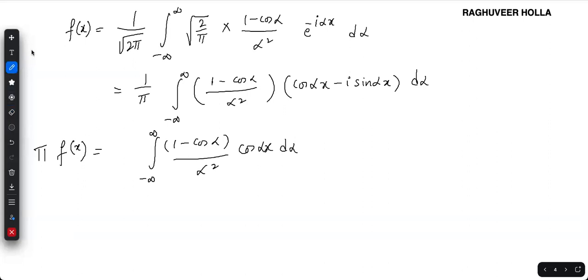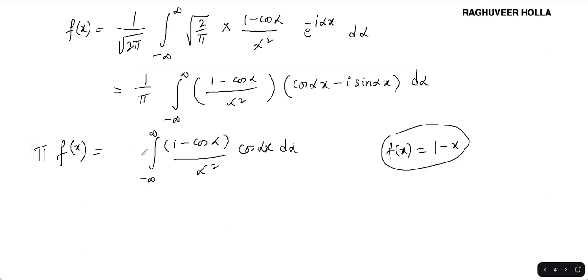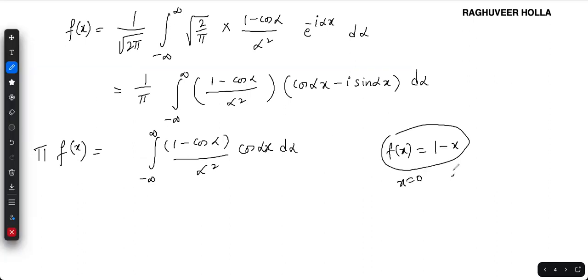here f of x is 1 minus x. Considering f of x as 1 minus x, if you put x as 0, f of 0 is 1.